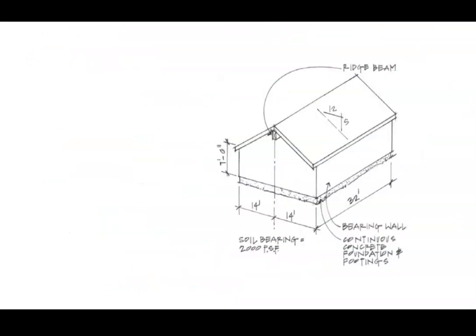The last example was a simple wood framed structure, and we started from the roof looking at rafters. So we did FBD of rafters.